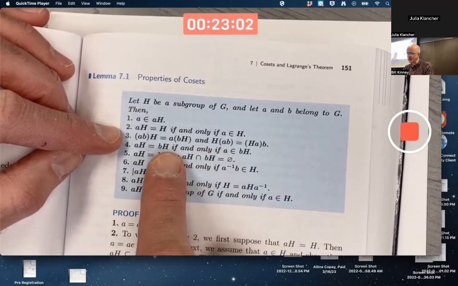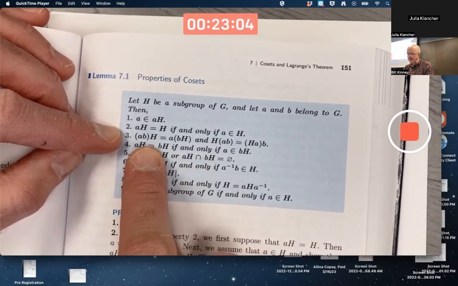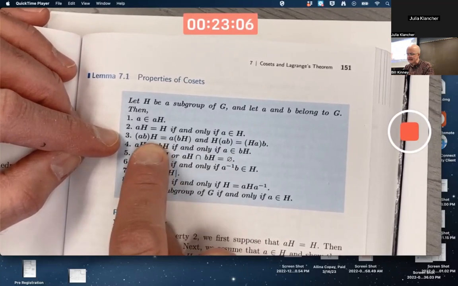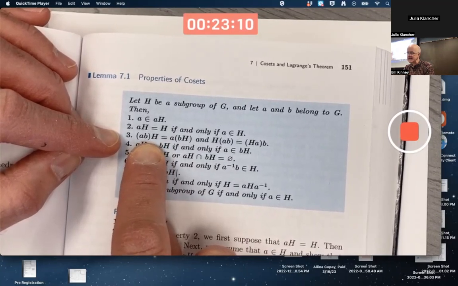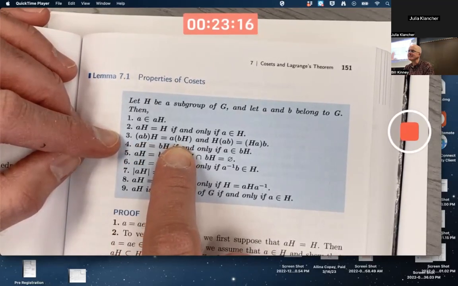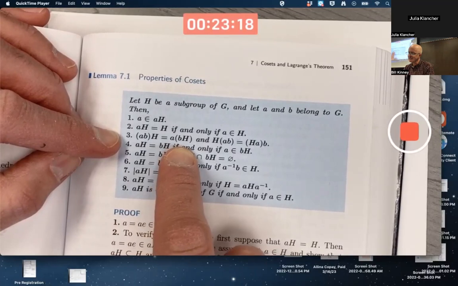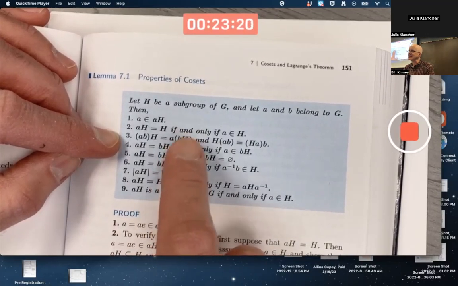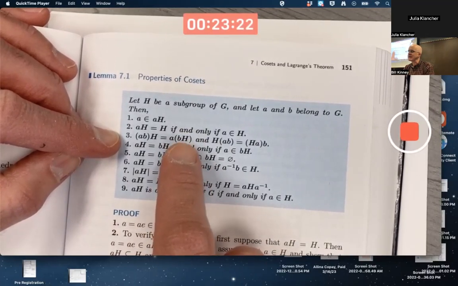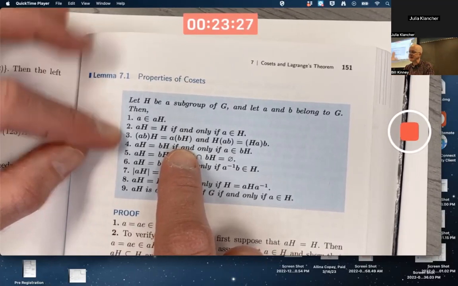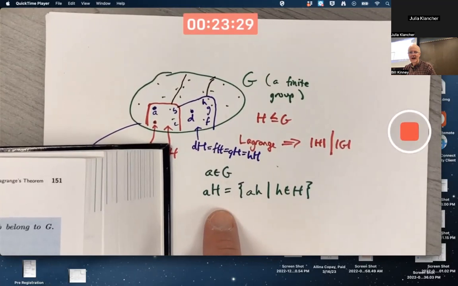This looks kind of like an associativity. What is this saying? This is saying the left coset of H in G containing AB is the same. How should I read that? This one's actually a little trickier to read and is more related to the fact that in the initial definition of this notation here, H does not have to be a subgroup.